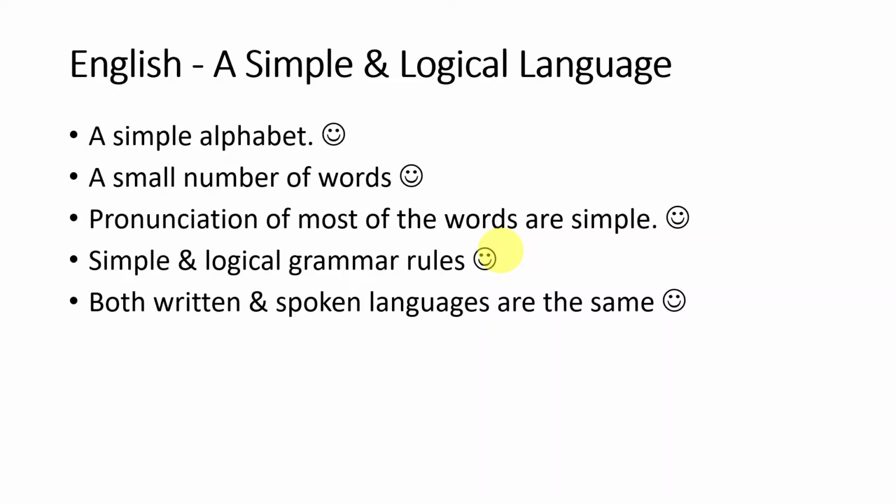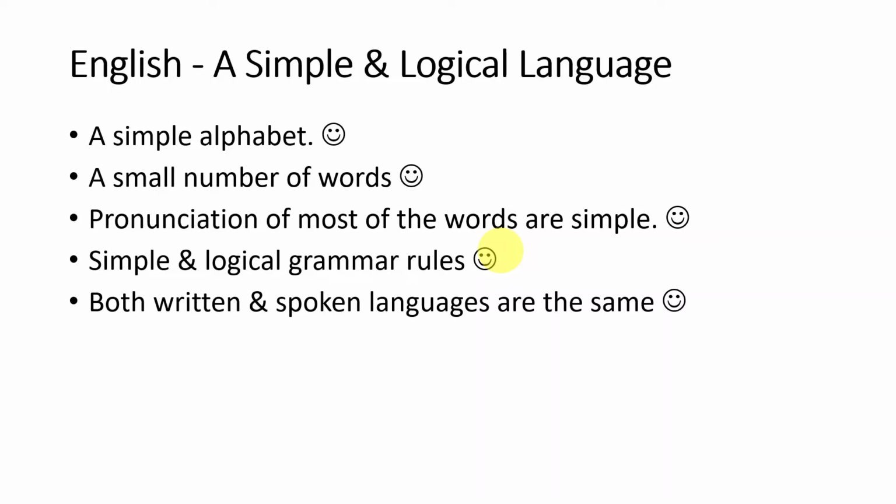And also the pronunciation of English terms is fairly simple. I wouldn't say it is the simplest language in the world to pronounce, but it's not unnecessarily complicated. And also the English grammar rules are extremely simple and highly logical. And finally, both written and spoken language are the same. The only difference is a bit of formality.